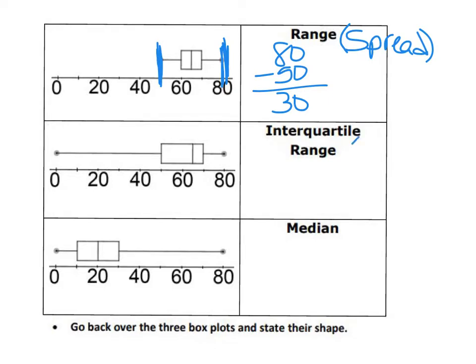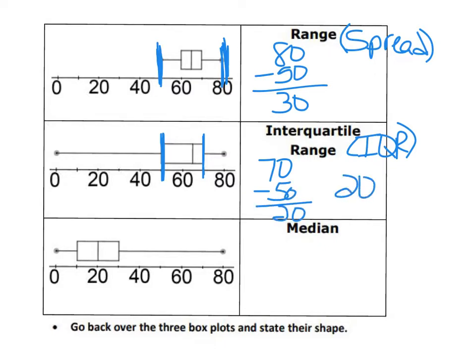Okay, interquartile range. Wow, that's a big word, right? And they usually say IQR. Interquartile range is asking you for the range between the lower quartile and the upper quartile. So in this case, you're doing 70 minus 50, and that gives you 20. So the interquartile range is 20.